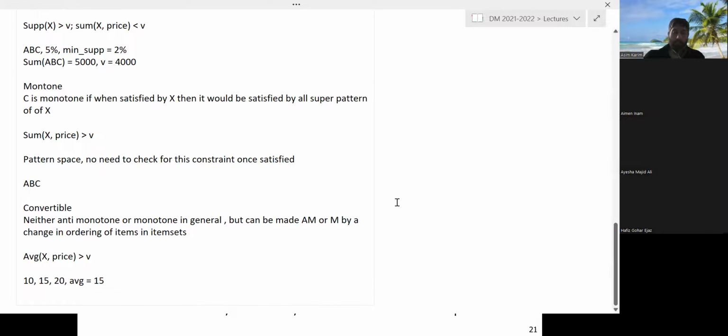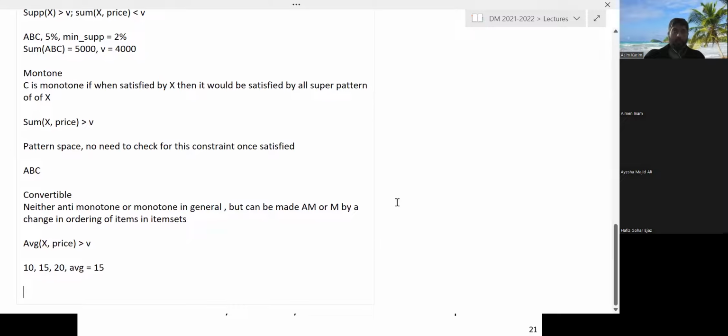Okay? So typically we do lexicographic ordering A, B, C. A is the first item in the item set, B is the second, and C is the third. But let's say for our example, A's price was 15, B's price was 10, and C's price was 20. Okay?